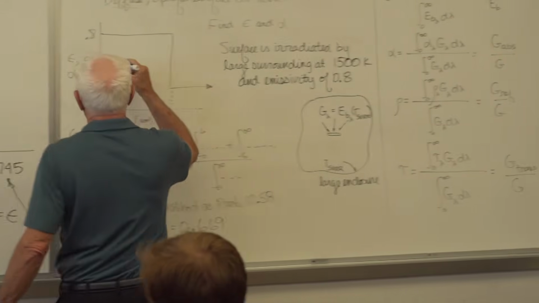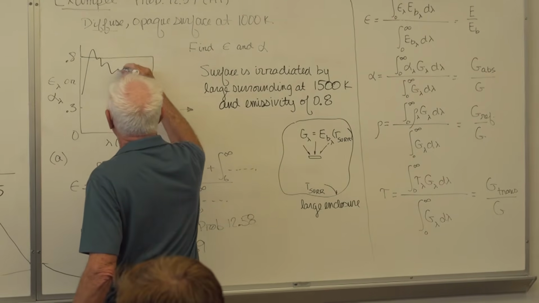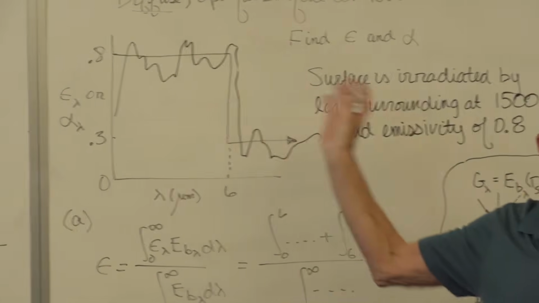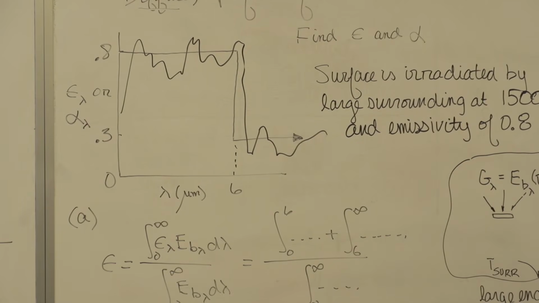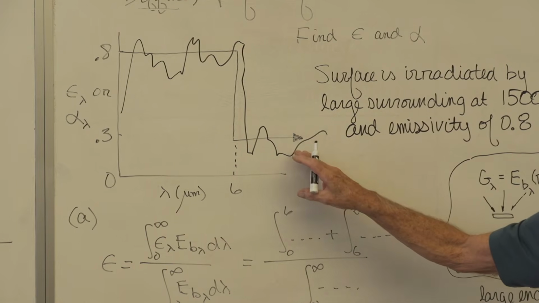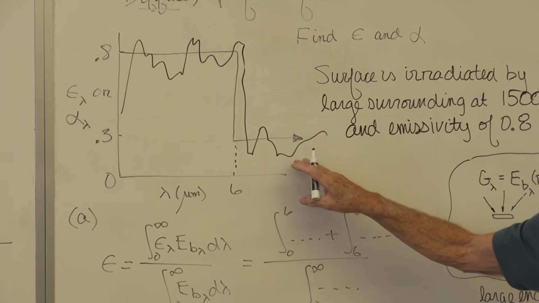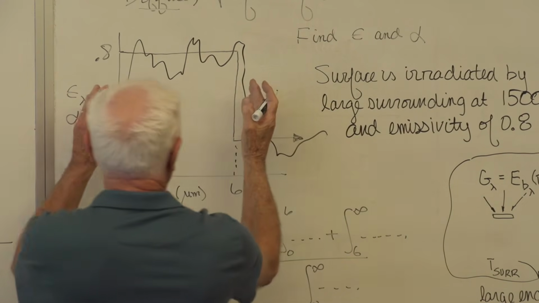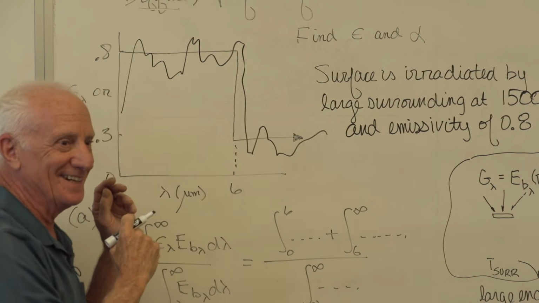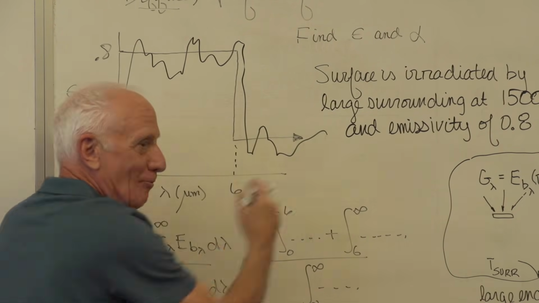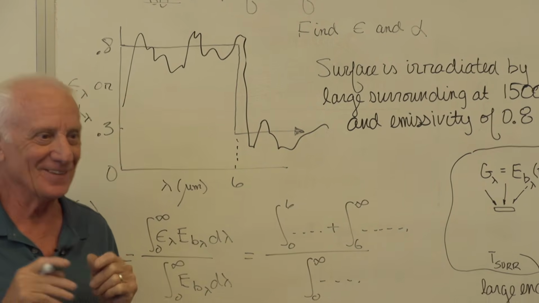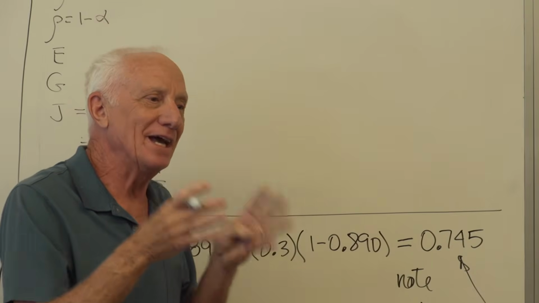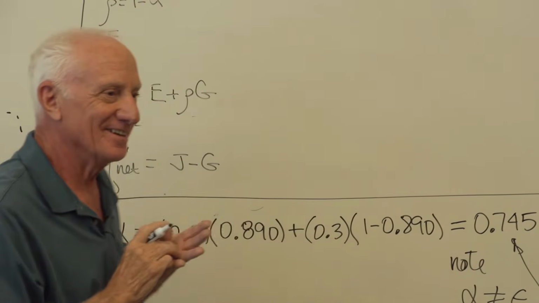The real graph might look something like this. We approximate it by a nice horizontal straight line, okay? First of all, that's the real white paint, for instance, some color, whatever it is. Does it appear to be gray from 0 to 6? Yeah, it's constant. Is it gray over all wavelengths? No, it's not. So that's what happens. You do it over a certain interval, you might be able to say it's gray over that region.